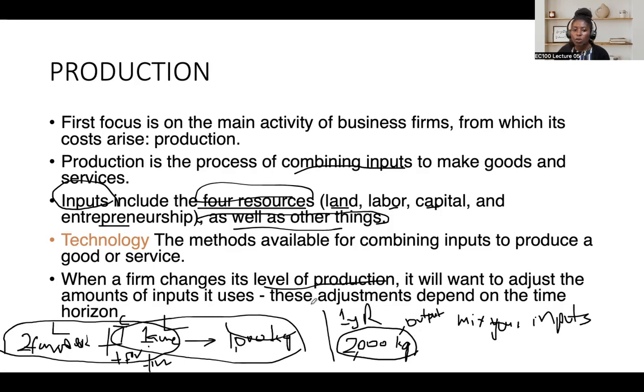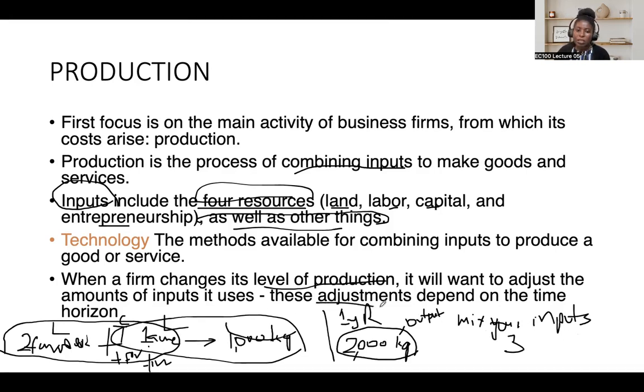So for you to make these adjustments, whether I'm going to need maybe 3 farmers and 1 acre, or I'll need to increase the acres and have the same farmers, or a mix of both, more farmers and more acres.